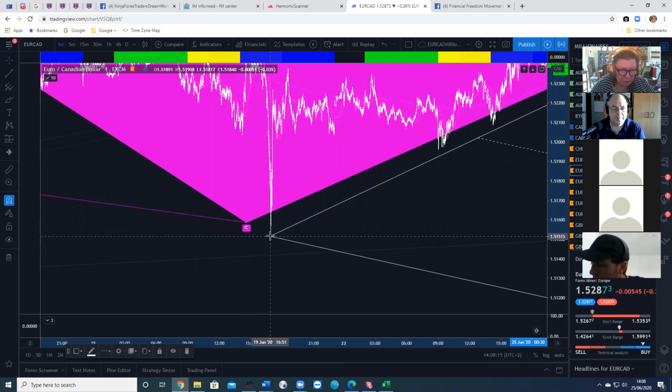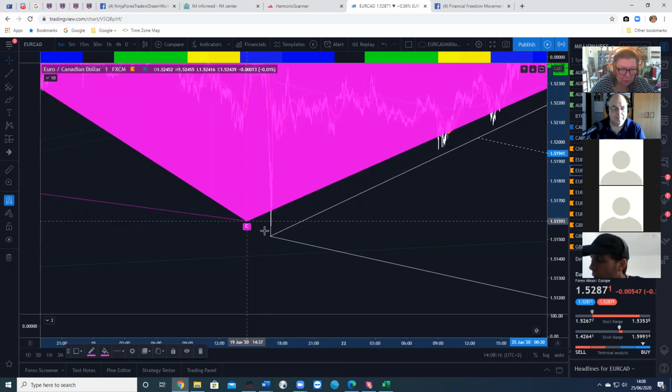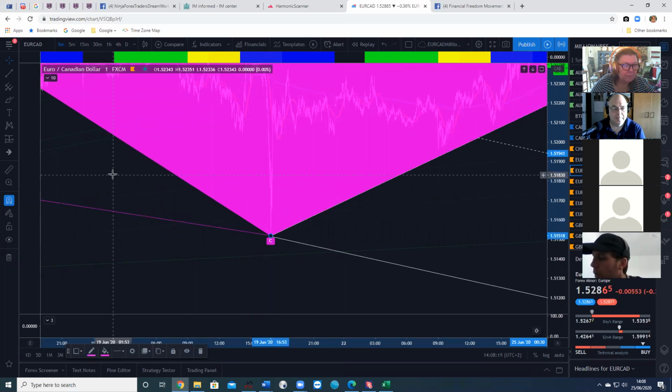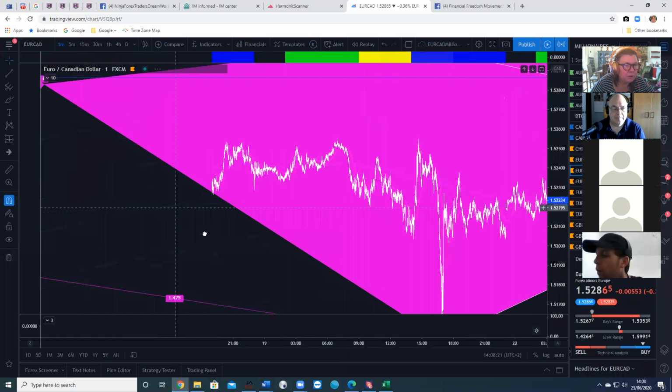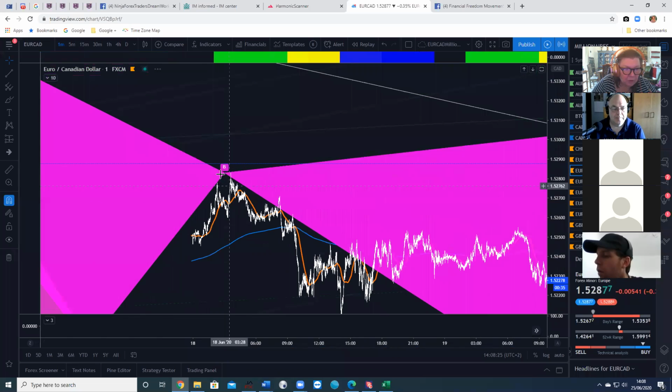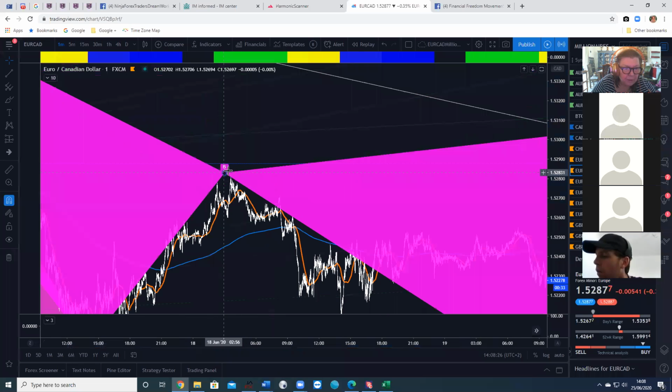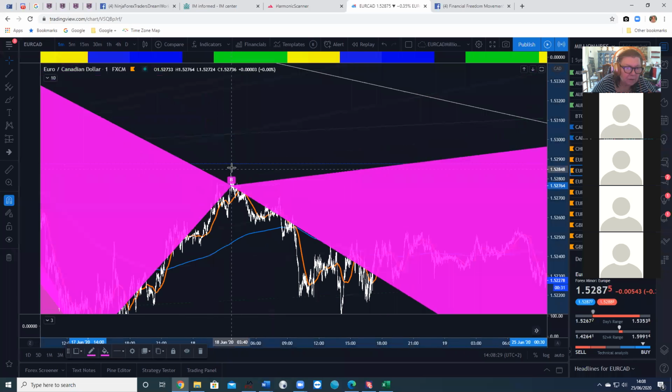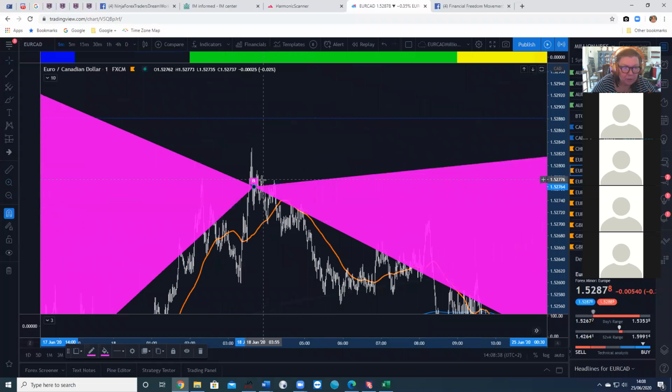Well, I do anyway, the hot pairs, which for New York will be your USD and your Canadian dollar, CAD. And then you can trade any pair, but it's just that the hot pairs are the ones where the sun's up, where they're being traded and spent, and it's good, I think, to start with those first.